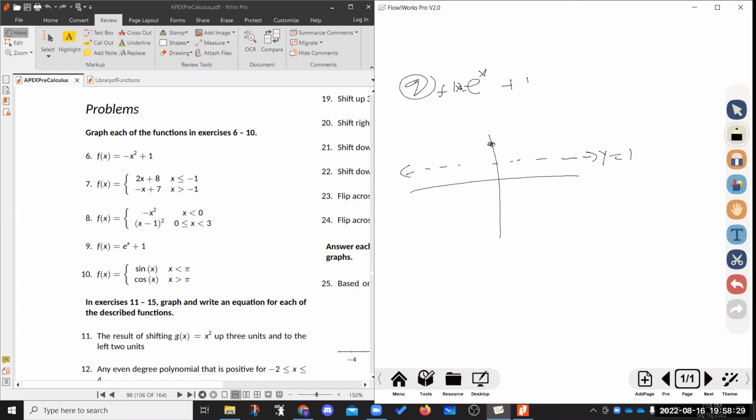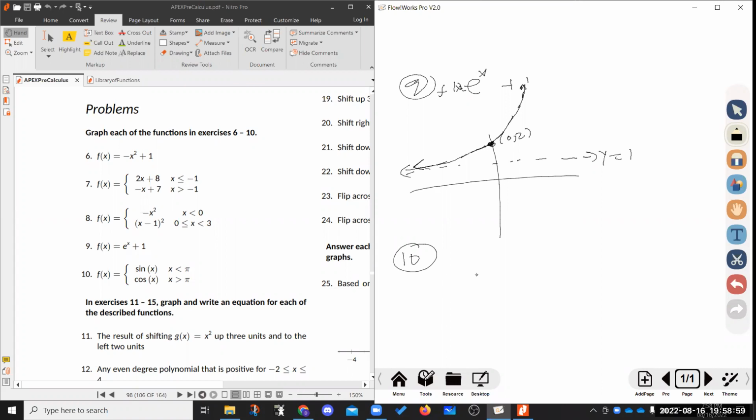When x equals 0, e to the 0 power is 1, 1 plus 1 is 2. So we're at 0, 2. This is an exponential growth function. It's coming like so. And this is the fastest growing function that you know of. The log function is the slowest growing function that you know of. If you get asked about whether it's growing faster or slower, something like that.